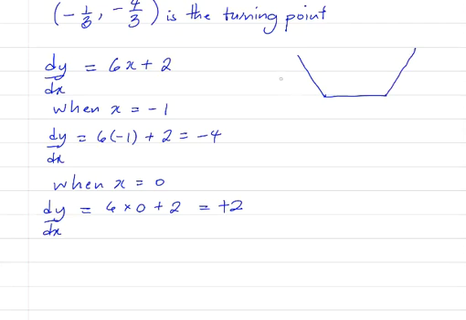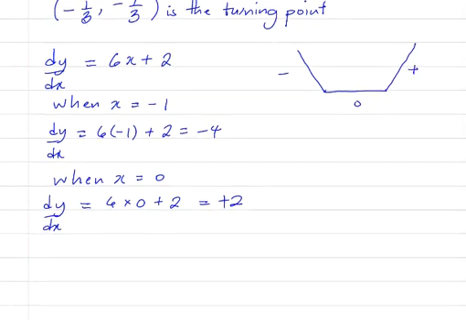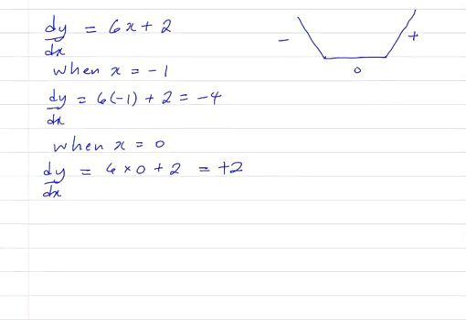So we have a negative gradient, then 0 gradient, and then positive gradient. From that I can see that what I'm dealing with is a minimum turning point. So therefore minus 1/3, minus 4 over 3 is a minimum turning point.